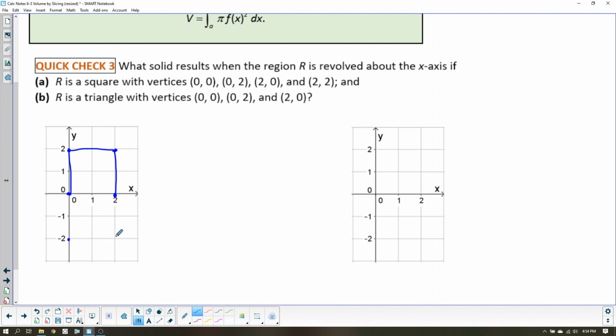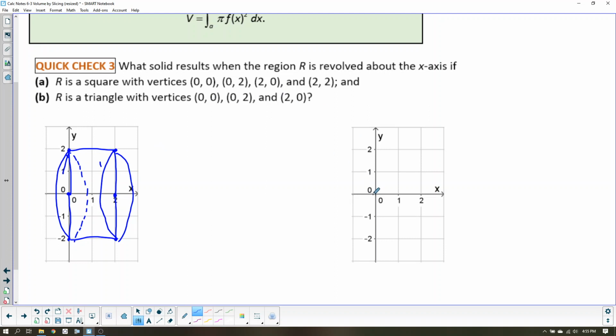If we do a half turn, that square is going to come down here and create a copy of itself. But as it rotates, it should be creating a cylinder here, just a normal right circular cylinder. So that's what's created on this one, a right circular cylinder.